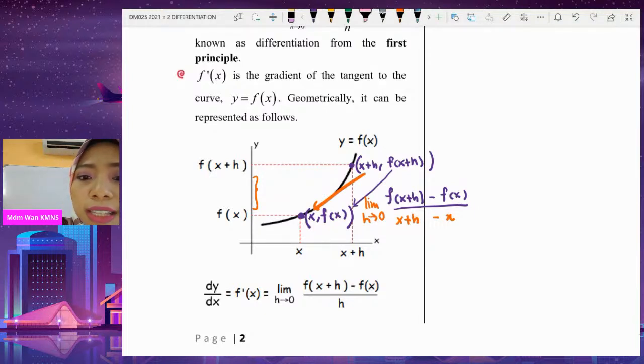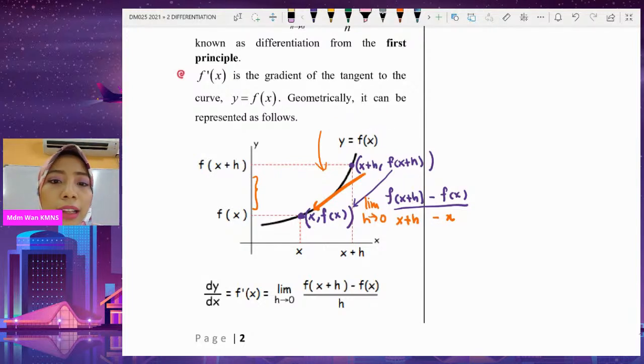That's why I cannot write h approaching 5 or h approaching 10, which is quite big. That's why we want the difference approaching 0, because this graph is at a very small, very close region, when the limit of h approaches almost zero.